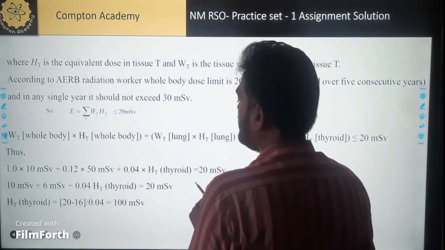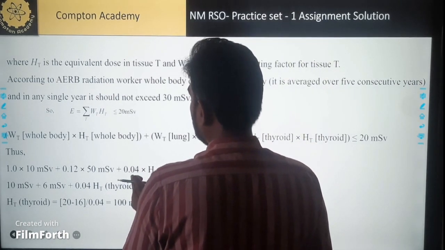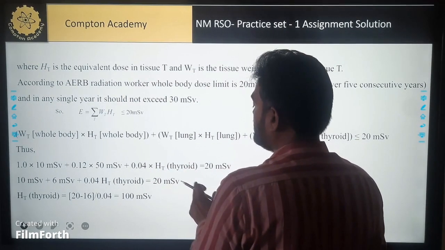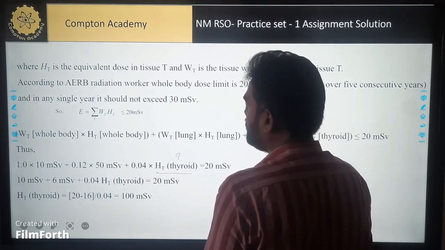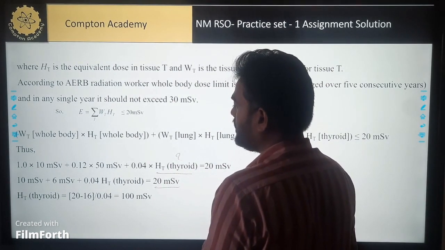Similarly for the thyroid, the tissue weighting factor is 0.04, and we have to calculate the equivalent dose for the thyroid. So the maximum dose limit is kept as 20 millisievert effective dose.